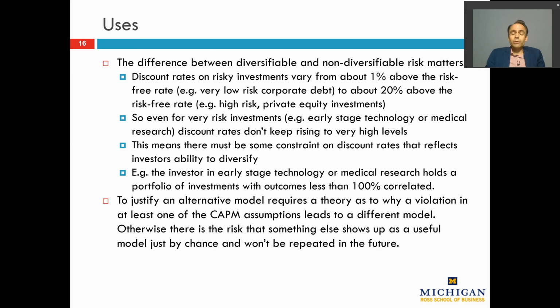But to justify an alternative equation, we need a theory as to why a violation in at least one of those capital asset pricing model assumptions leads to a different model. Otherwise, there is a risk that something else shows up as useful just by chance. Now, what this means is that you can't just trawl through historical data, look at which investments earned high or low returns in the past, and say, well, that thing necessarily is a risk factor which we should account for in discount rates.